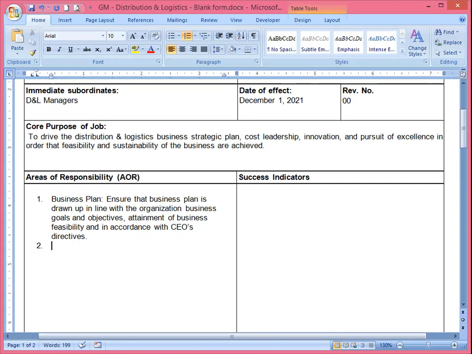Next is the financial plan. So what's under the financial plan?